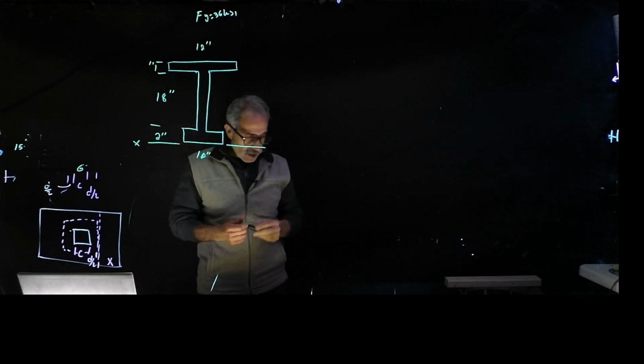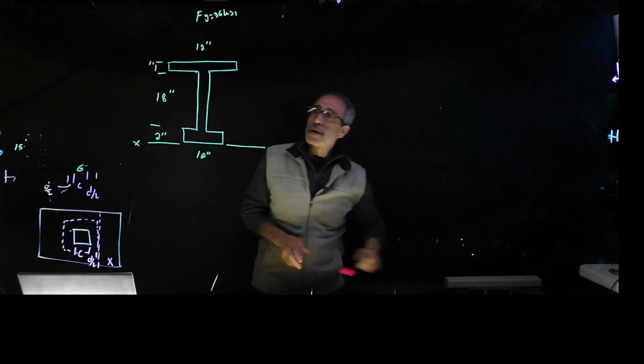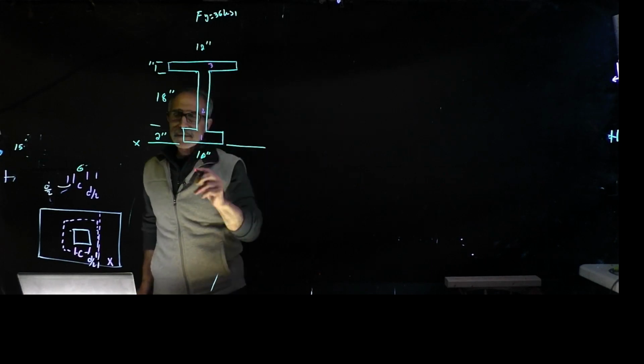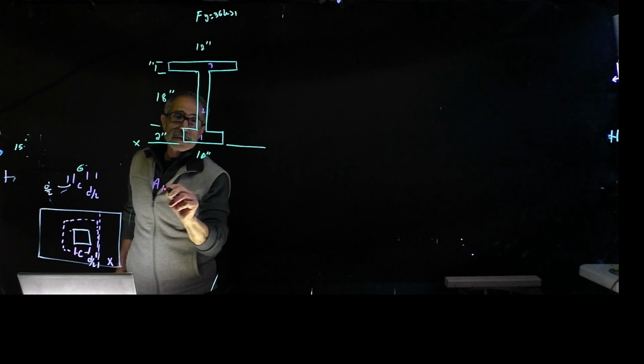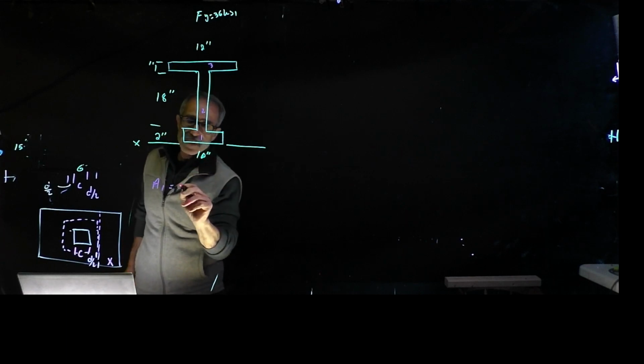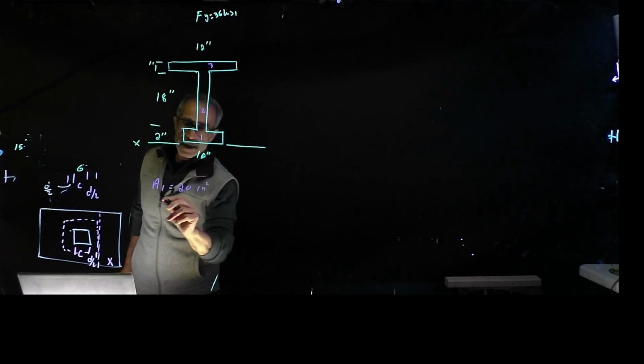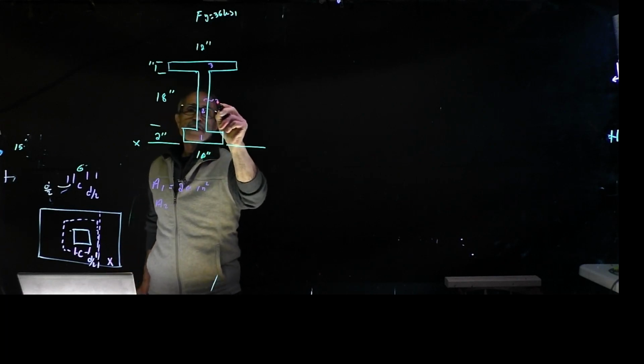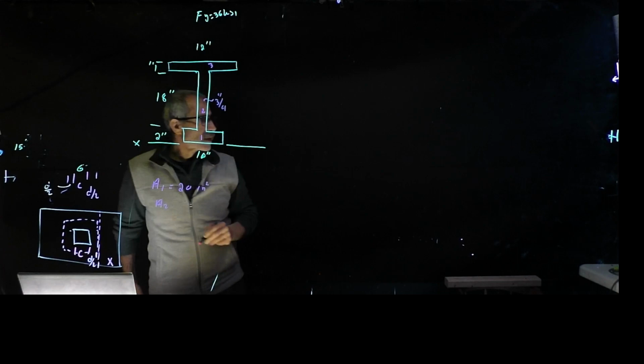So let's calculate the area of each one of them right away. If we call these 1, 2, 3, A1 is 10 times 2, that's 20 square inches. And A2, this is a 3/4 inch, right? Yeah, it is.